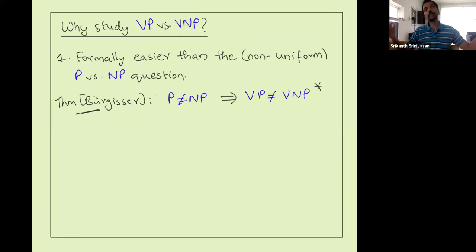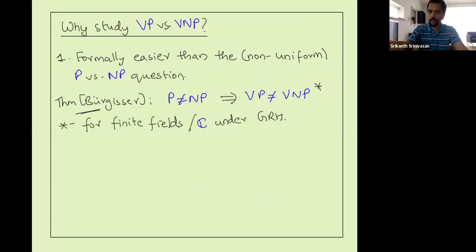There too we would like to prove lower bounds, but we seem to be very, very far from doing that. VP versus VNP can be shown to be a formally easier version of this question, in the sense that if we are able to resolve the P versus NP question, then in particular we would be able to resolve the VP versus VNP question as well. So proving VP not equal to VNP is seen as a stepping stone to this other question.